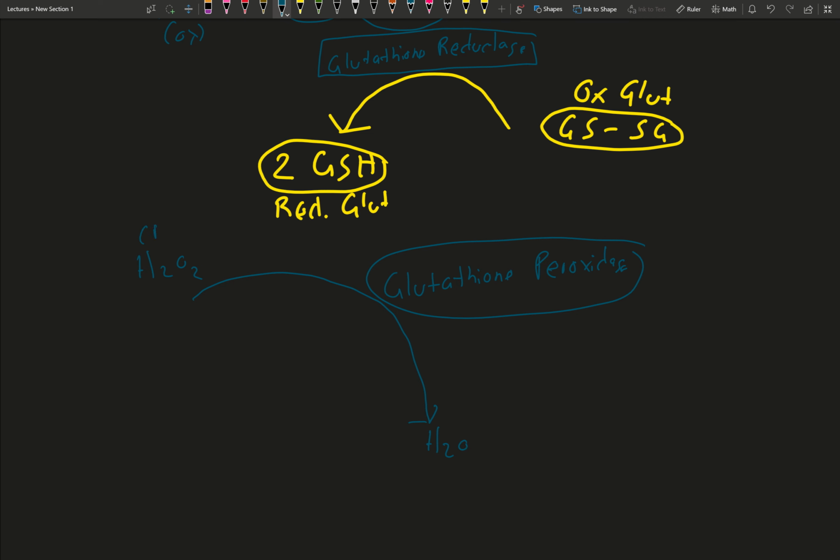Peroxides are a reactive oxygen species which can cause damage in the body, which I will allude to shortly. Now this enzyme, while converting a peroxide to water, is also converting the reduced form of glutathione into the oxidized form of glutathione.